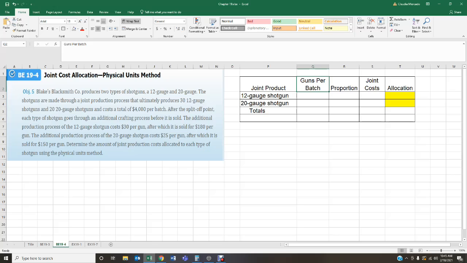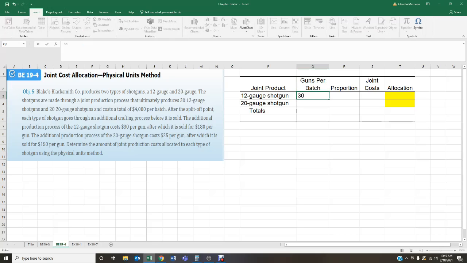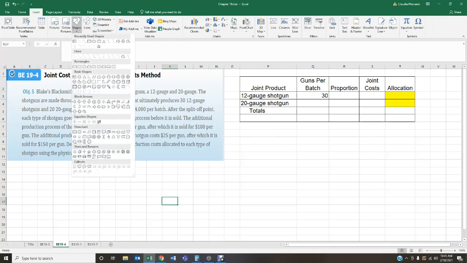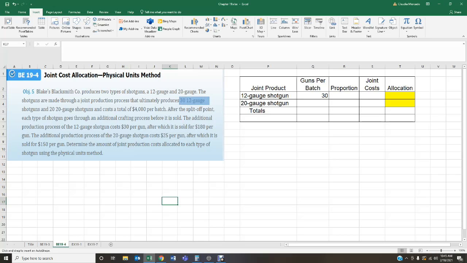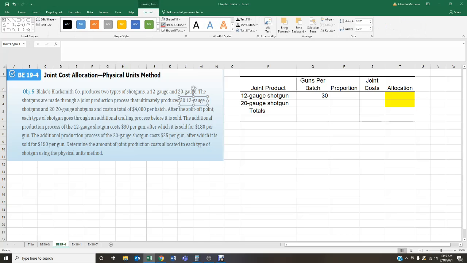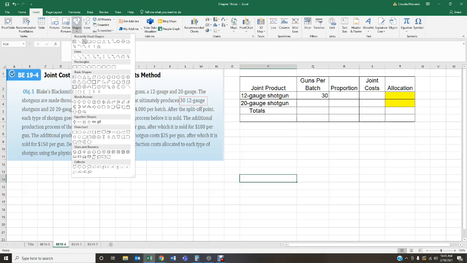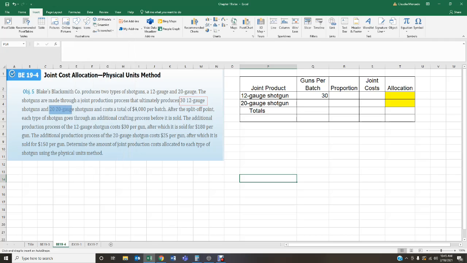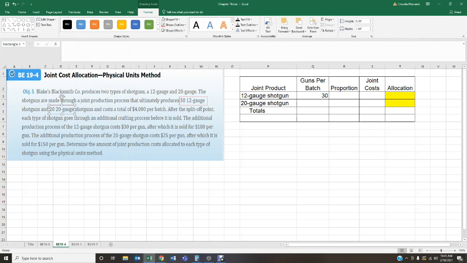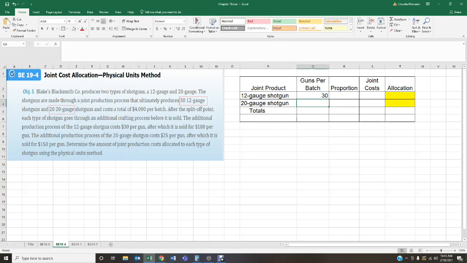The problem says that we produce 30 12 gauge, and 20 20 gauge. So we produce 30 of the 12 gauge and 20 of the 20 gauge. How many guns do we produce per batch? We produce 50 guns.